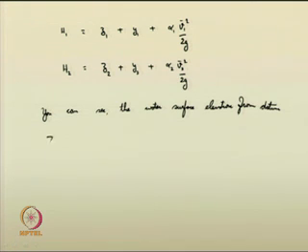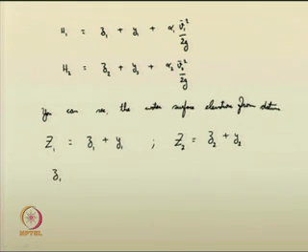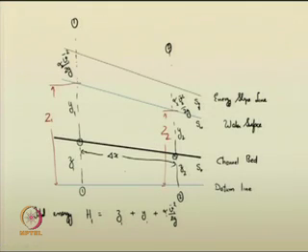So, your capital Z1 is nothing but small z1 plus y1. Similarly, capital Z2 is nothing but small z2 plus y2. From the following figure, can you guess certain quantities?